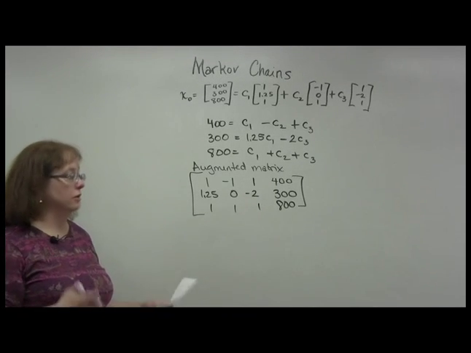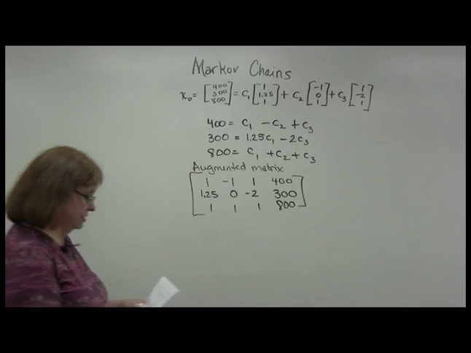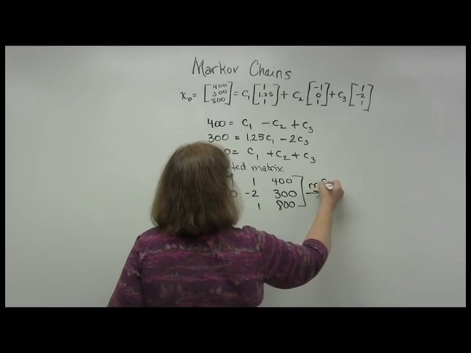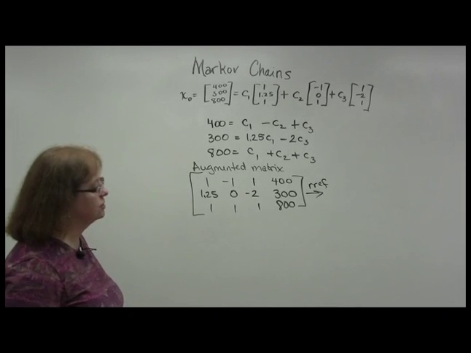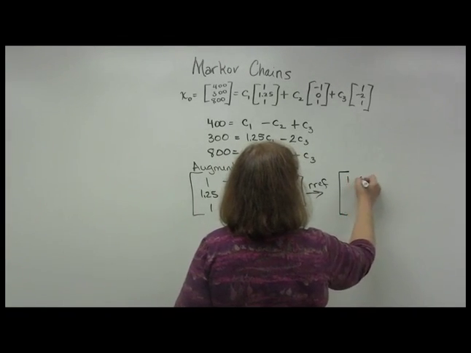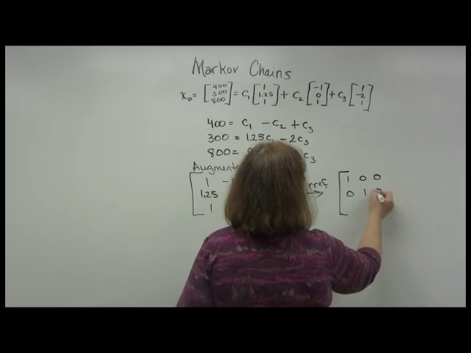In Chapter 1, we learned how to reduce that. Let's just say that I work it all the way out and I reduce it to row-reduced echelon form, and I get this matrix.